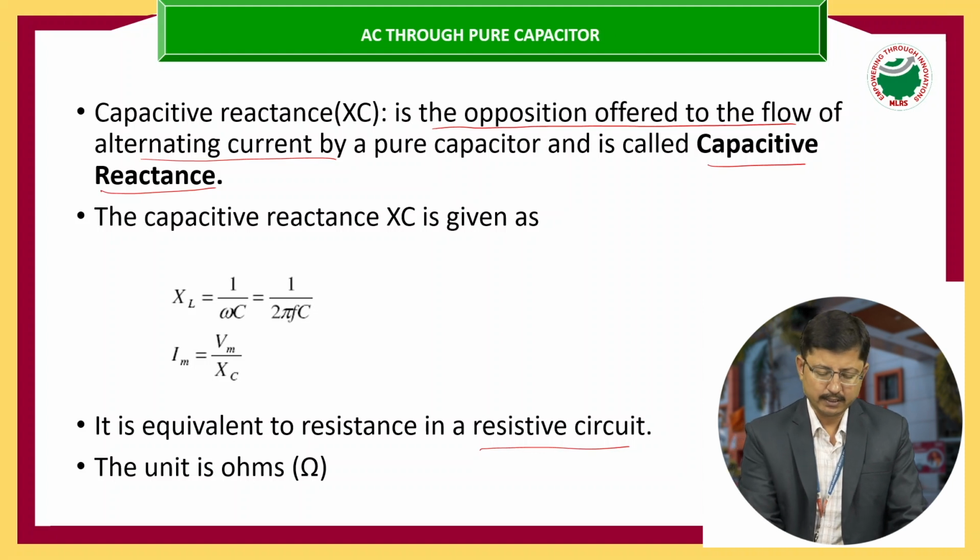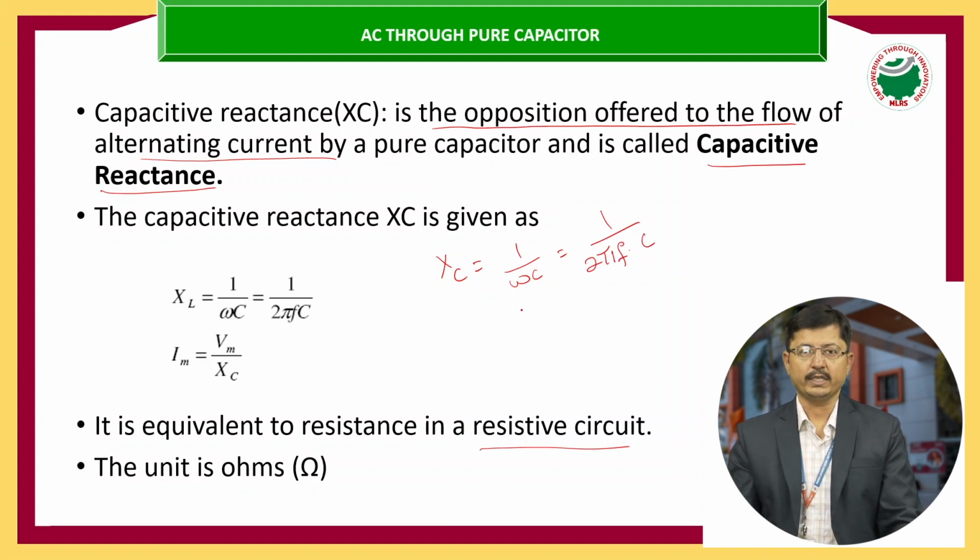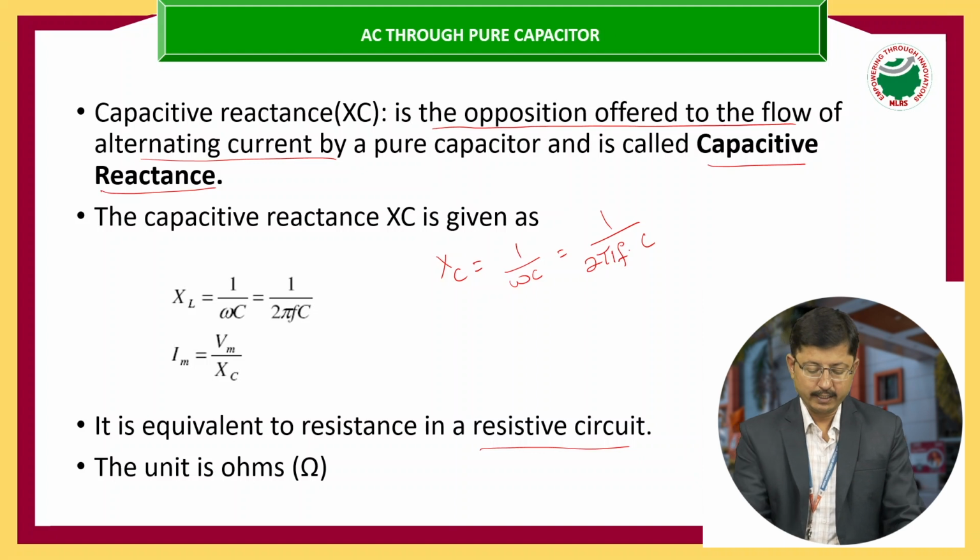The capacitive reactance can be expressed as Xc, which equals 1 by omega C. Omega is nothing but angular frequency, 2 pi f, so we can write it in terms of normal frequency as 1 by 2 pi fC. So the capacitive reactance depends upon the frequency. The more the frequency, the less the capacitive reactance; the less the frequency, the higher the capacitive reactance.